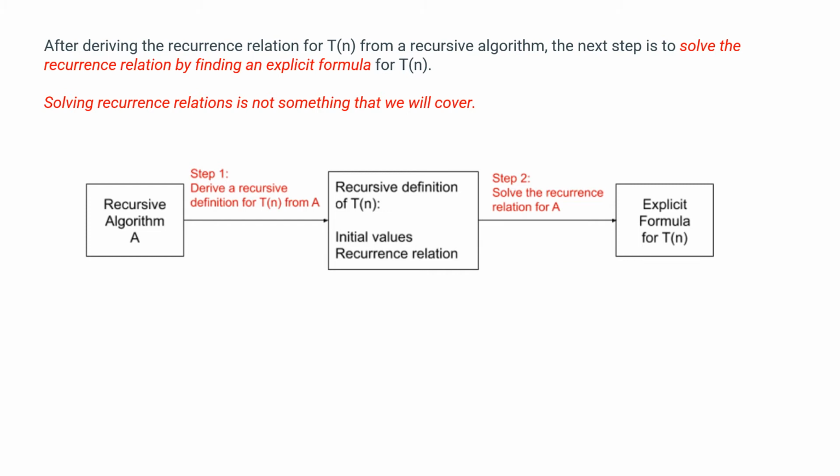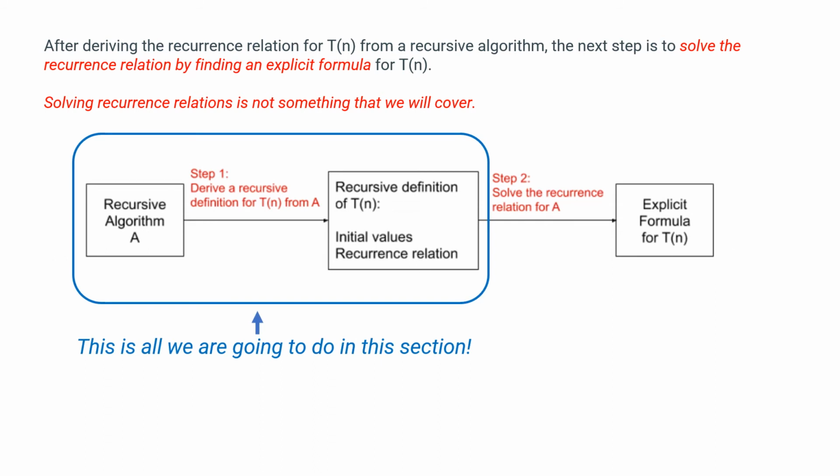So looking at this picture here, we would start with the algorithm and come up with T of n. That's the recursive definition, so here in the middle box, recursive definition of T of n, which involves the initial value and then recurrence relation. But then we would go a step further and get an explicit formula for T of n so that we could just plug n in and get the time complexity function. Well, the book at this point is covering just this first step, where we take the algorithm and come up with the recursive definition.